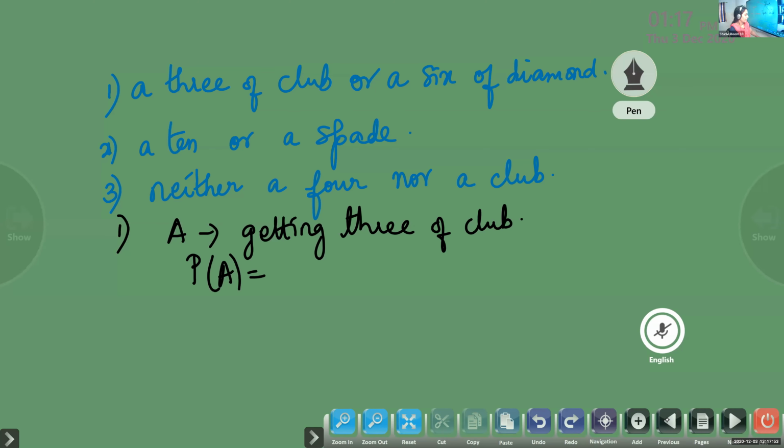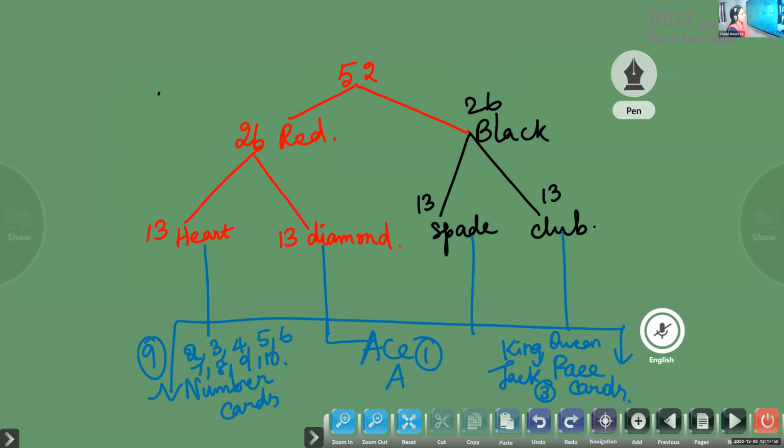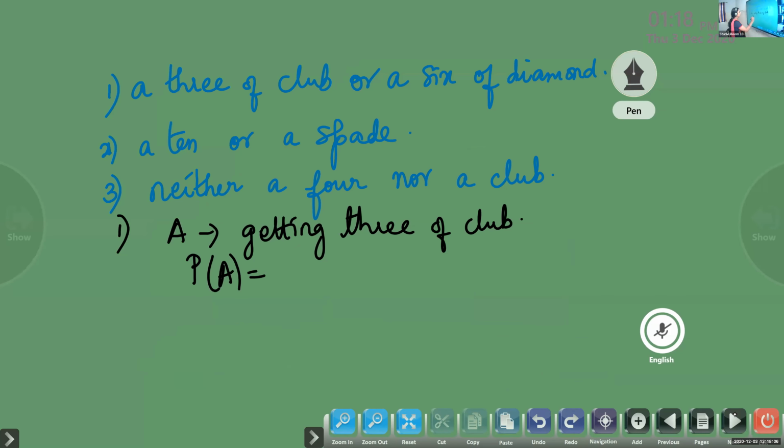From the club, you should get one 3. So how many times is it possible? Once. Yes, very good. So it is 1 by 52, since the total number of cards is 52.